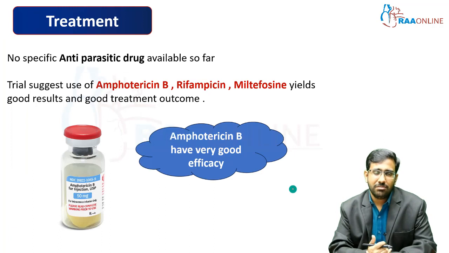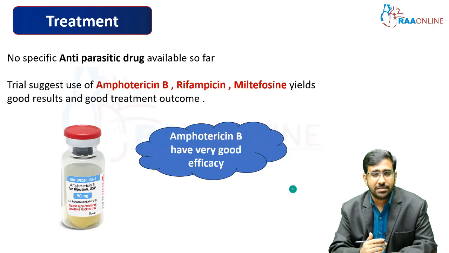Moving on to the treatment. When we study the treatment for these free living amoeba, unlike other infections, we do not have a proper antiparasitic drug available for this condition. That is why the mortality rate is very high, about 98%. Based upon certain trials, there are drugs like amphotericin B, rifampicin and miltefosine which have shown good treatment outcomes.